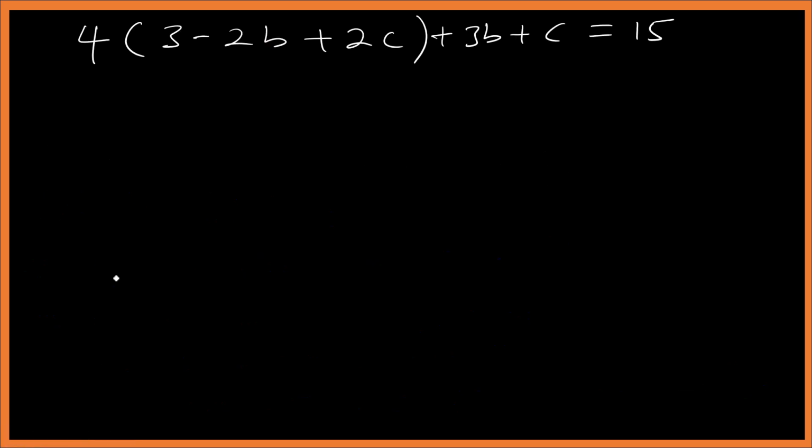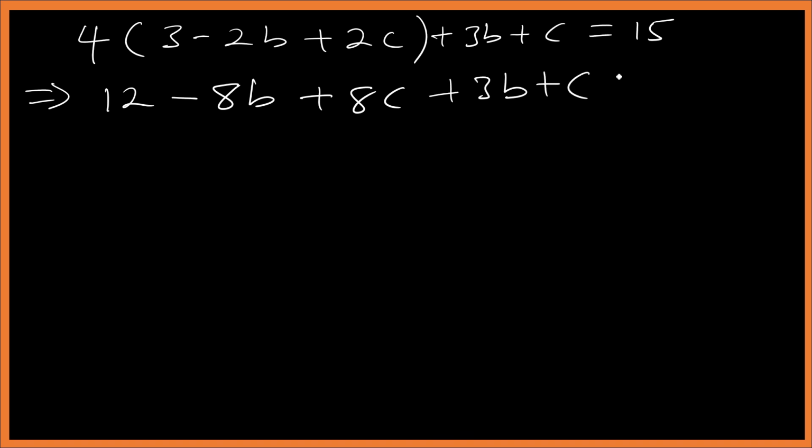All right, so let's expand the bracket here. 4 times 3 is 12, 4 times 2 is 8. So we have 12 minus 8b plus 8c plus 3b plus c equals 15. So we have it in terms of b and c here.